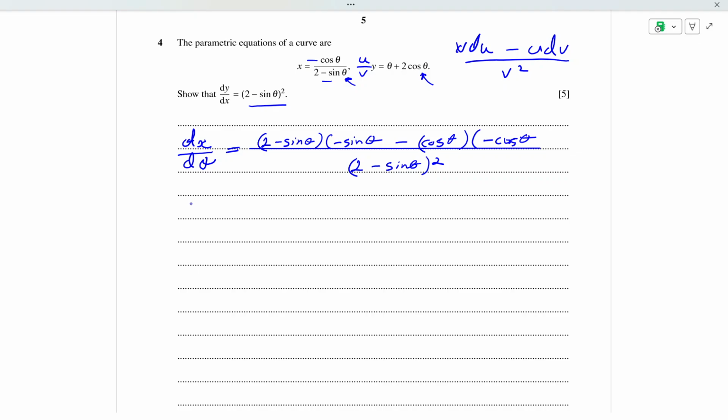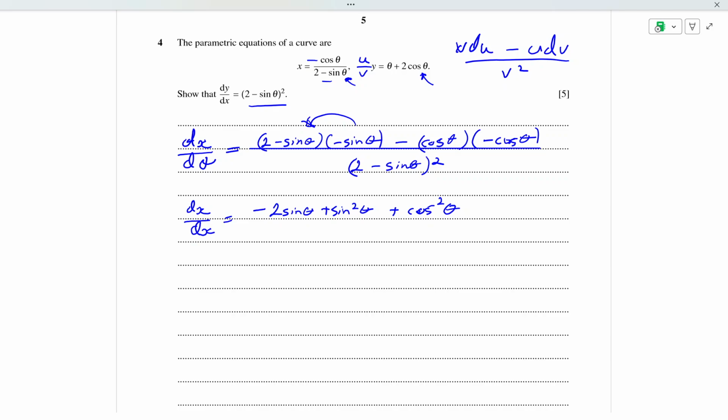Then when you simplify, you will have dx/d theta is equal to negative 2 sine theta. You're simply multiplying in that bracket right there, and then plus sine squared theta plus cos squared theta, plus 2 sine theta.